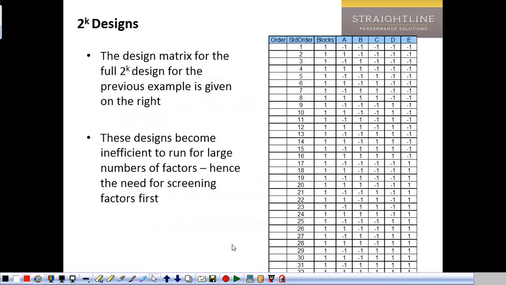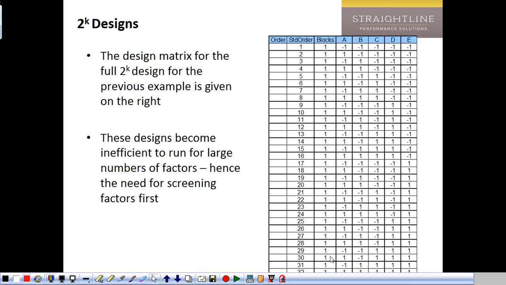Now, going with what we had before, we'll note that because we have 32 runs, we have 32 degrees of freedom to be able to estimate our coefficients, right? Our coefficients of A, B, C, D, AB, AC, AD, BC, BD, and CD, ABC, ABD, ACD, and so forth, right?